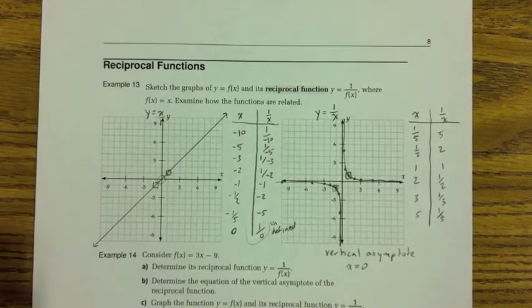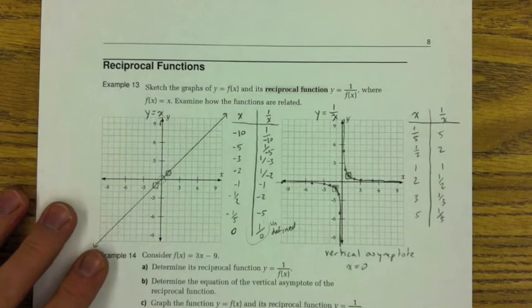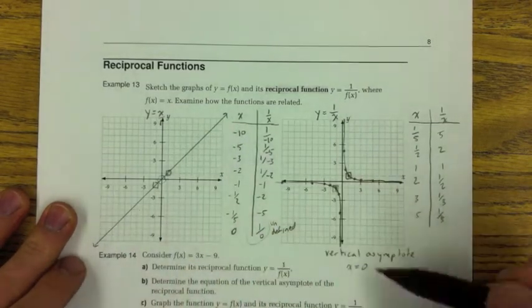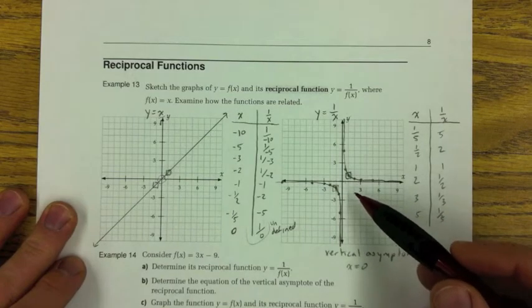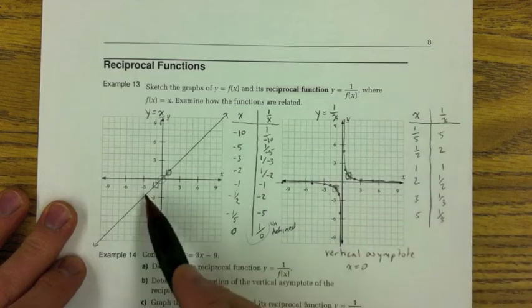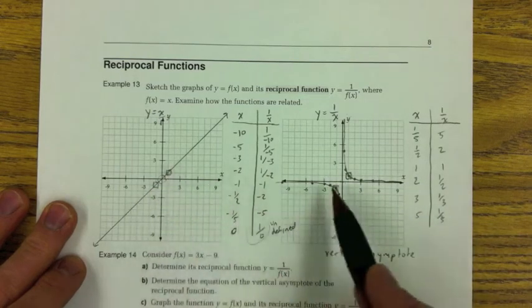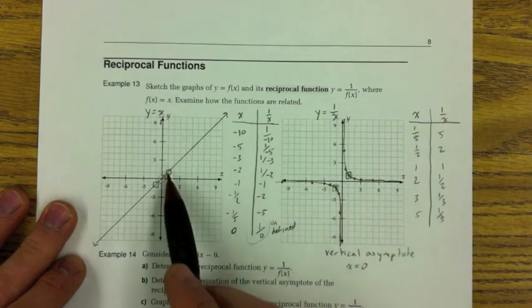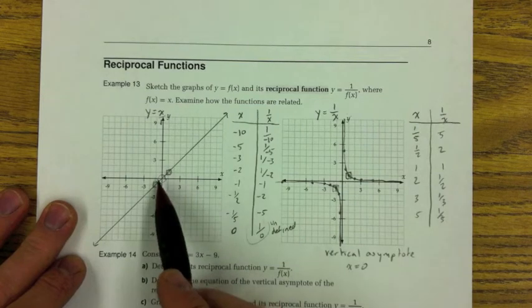That's the process we're going to use to graph arbitrary reciprocal functions. We're going to graph the original, turn the zeros into asymptotes, and sketch the points where the y value is +1 and -1.